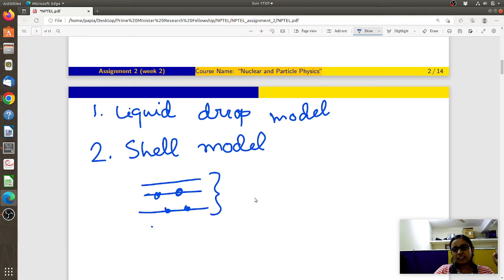Here the shell model is for neutrons and protons. It can explain most of the properties of the nucleus. First of all, it can describe magic numbers.